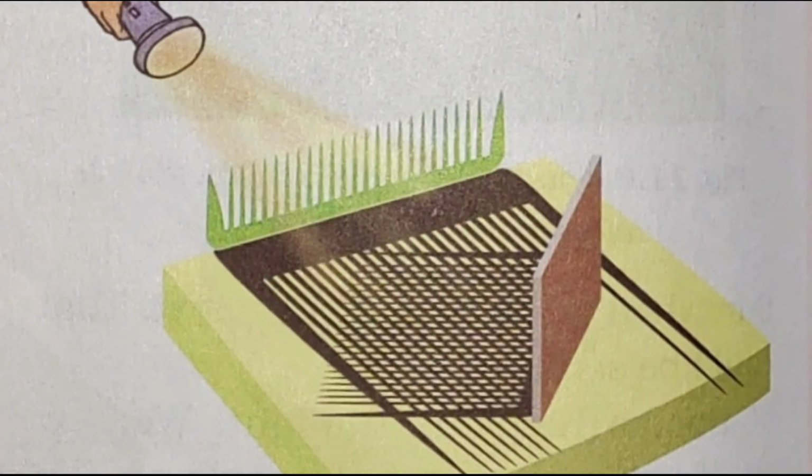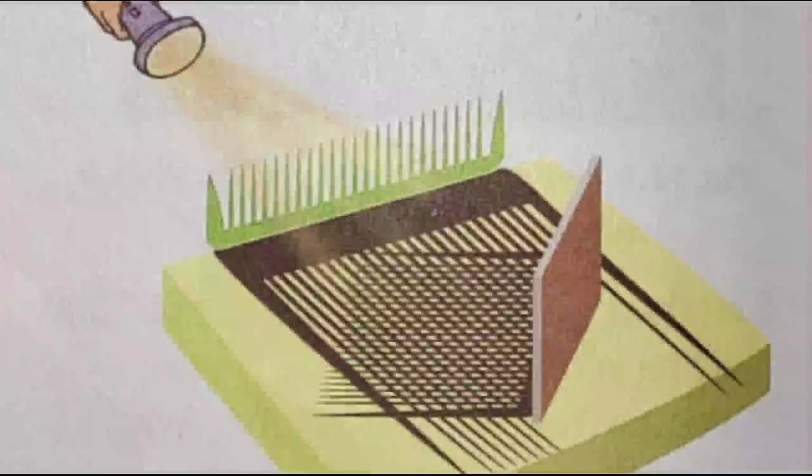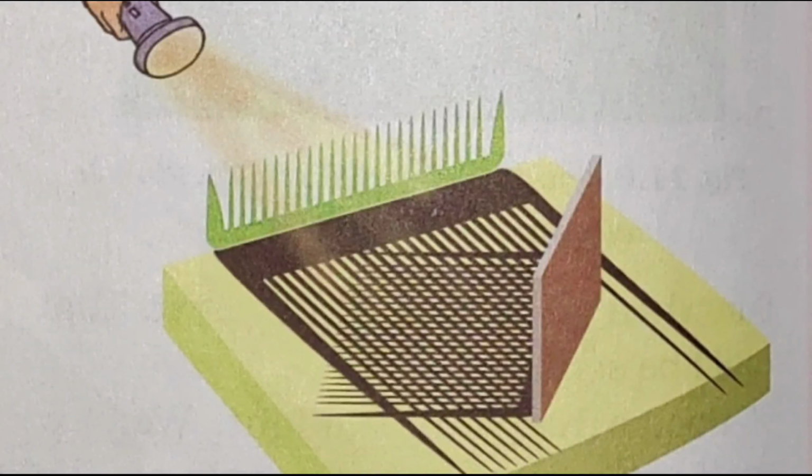Now activity number 8. Fix a comb on one side of a large thermocol sheet and fix a mirror on the other side, as shown in figure 11.9. Spread a dark colored sheet of paper between the mirror and the comb.